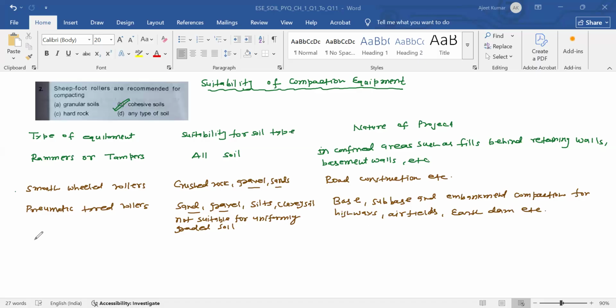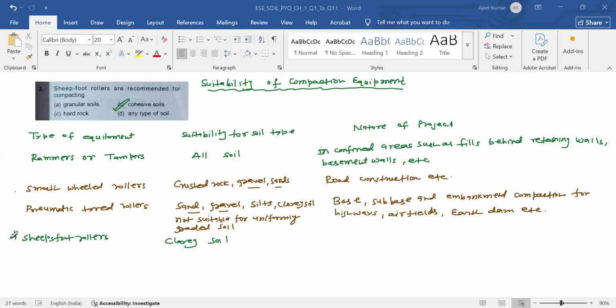Okay. Now next equipment is sieve foot roller. Sieve foot rollers. And type of soil is clay soil.